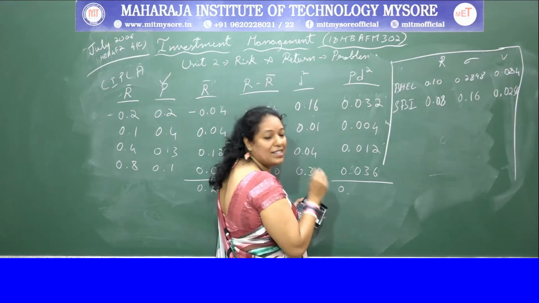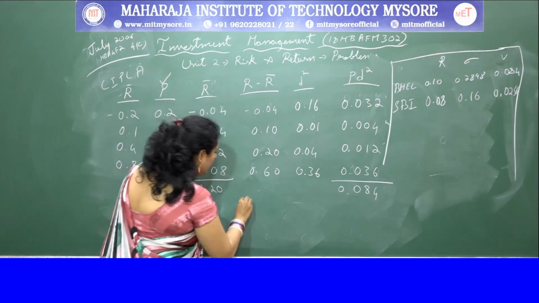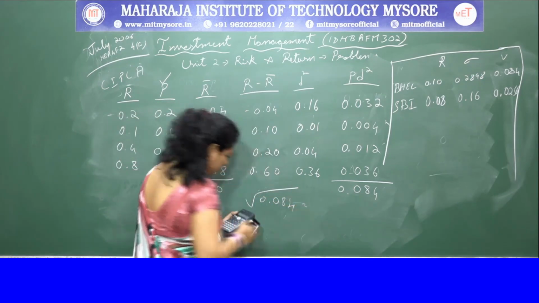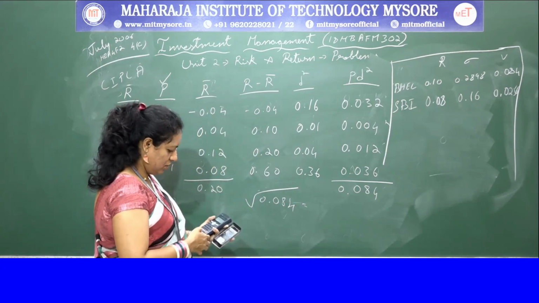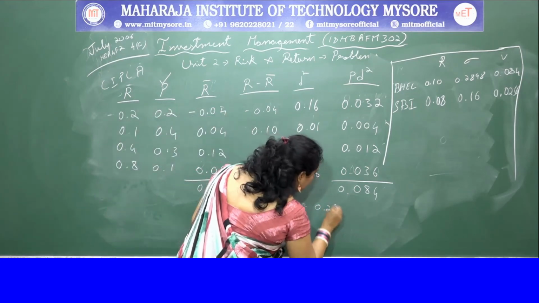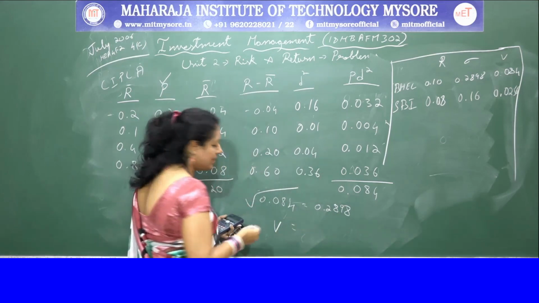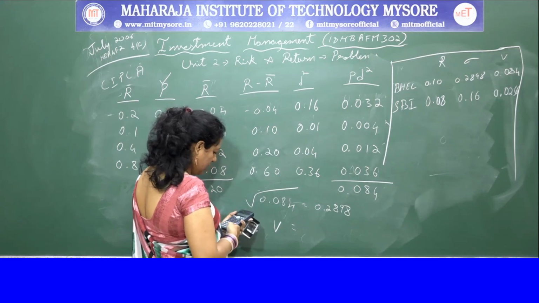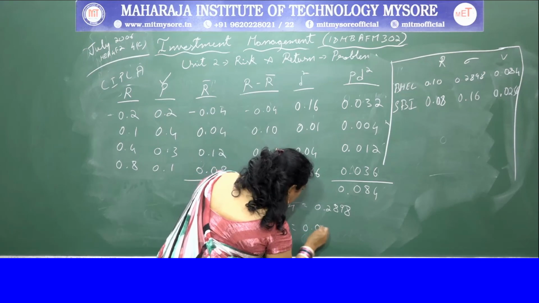You get 0.084. Okay, again we are going to do the standard deviation of 0.084. Root of 0.084. You get 0.2898, and the variance you get this into 0.2898. You have just multiplying that, 0.0840.